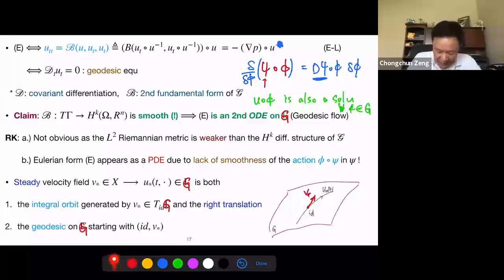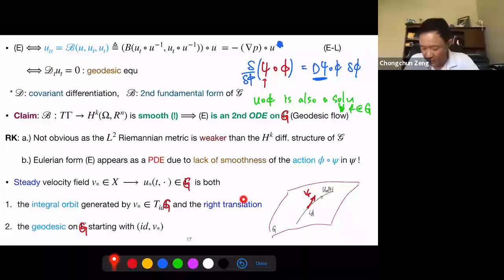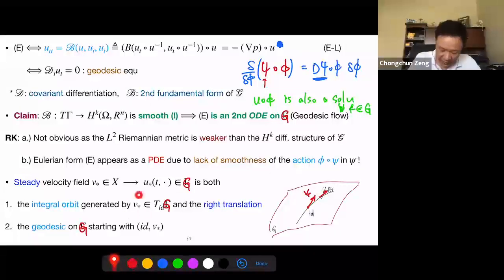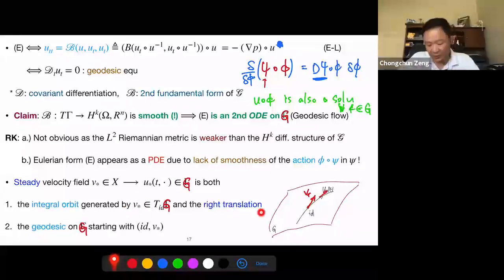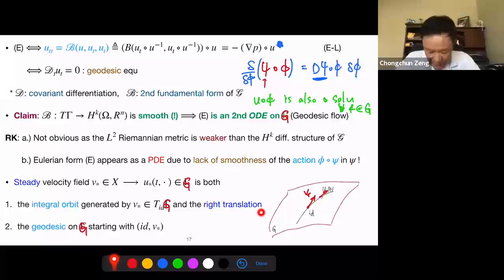And by the right translation, this vector can be translated everywhere to be a tangent vector along the Lie group. Then you have a vector field starting from this one. By the right translation, you get an invariant vector field on the Lie group, and then you have integral curves. So at the same time, a steady state is both a geodesic and an integral curve of the invariant vector field generated by V star.